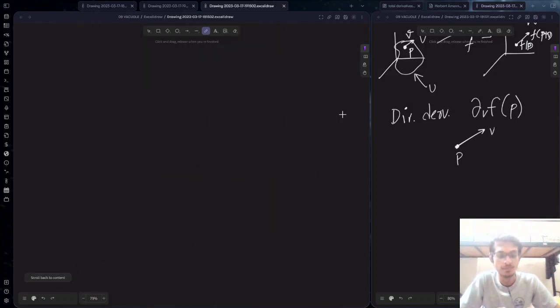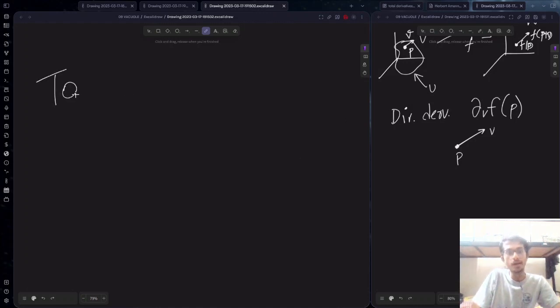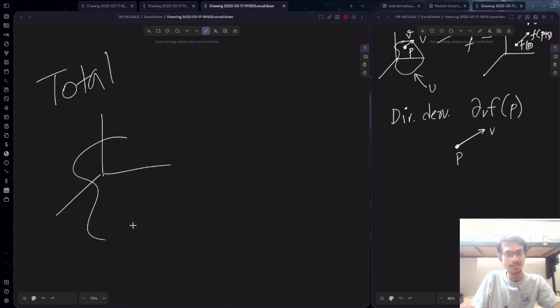Maybe we can figure that out by devising something total, where total means in totality of direction. I don't know where the actual terminology comes in, but totality of direction makes sense. That you want to take all the directions together, not just a single one.